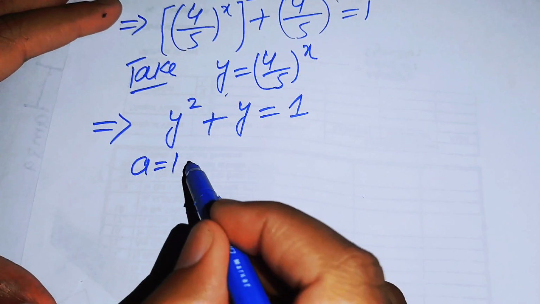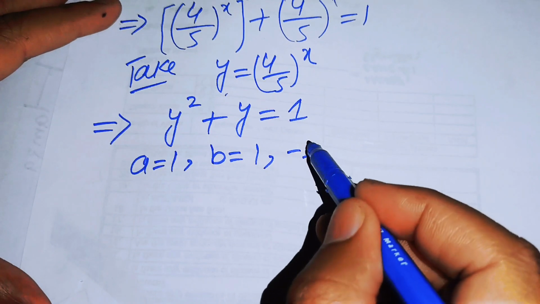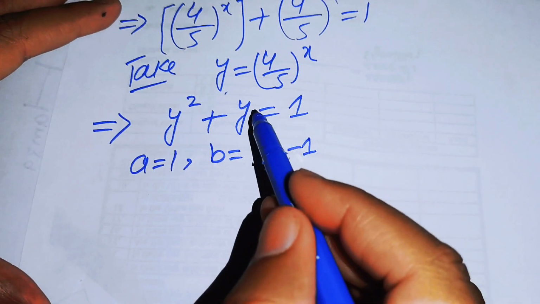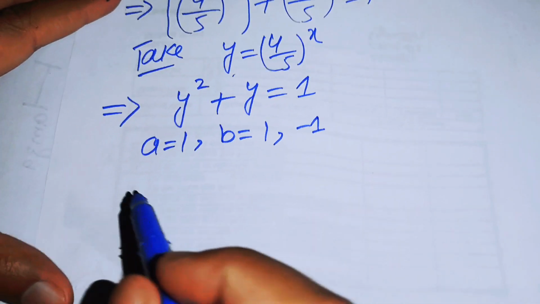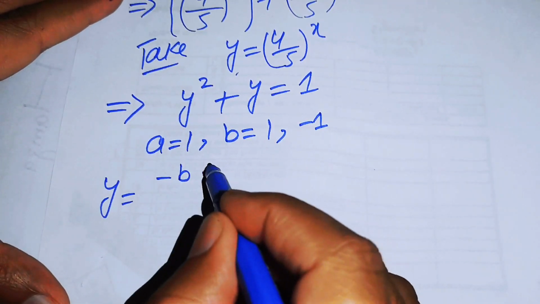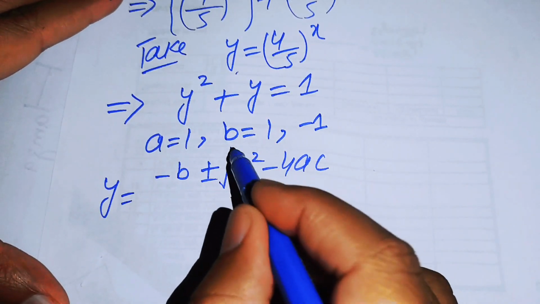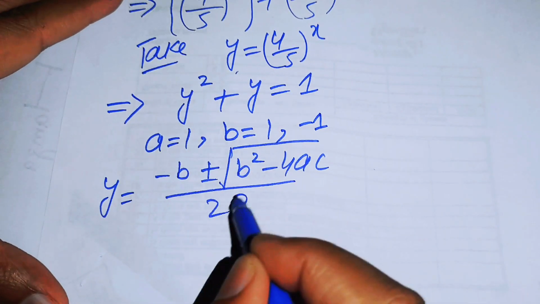So here we have a is equal to 1, b is equal to 1, and c is equal to minus 1, when we take this 1 to the left hand side. The quadratic formula is y is equal to minus b plus minus square root of b square minus 4ac, over 2 times a.